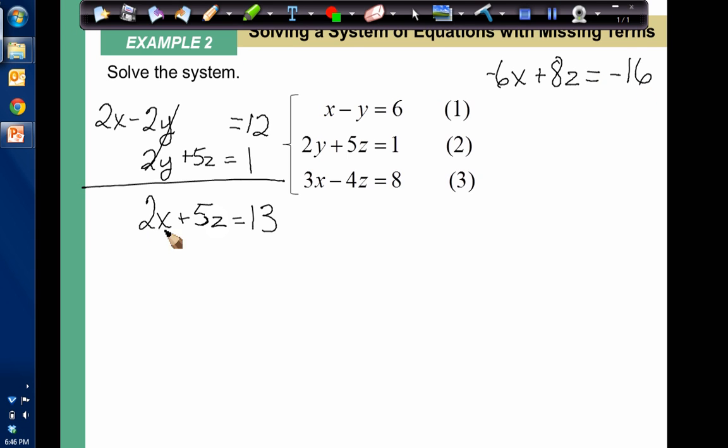And we'll multiply this one by +3, and hopefully it'll cancel out. So we have 6x plus 15z equals 39. When we add them, the x's will cancel.